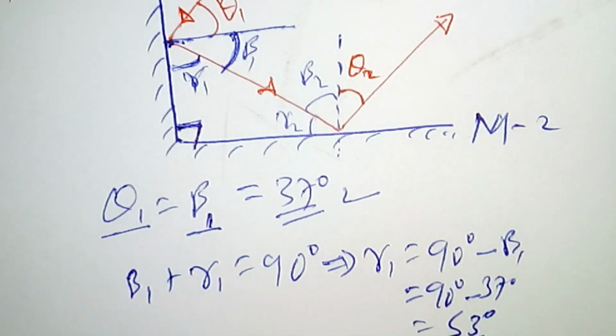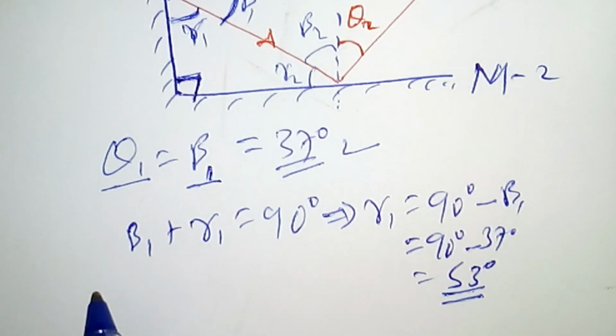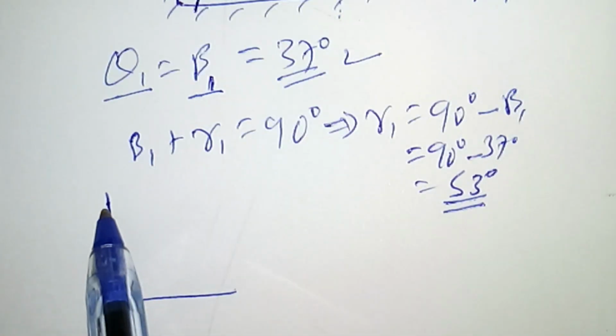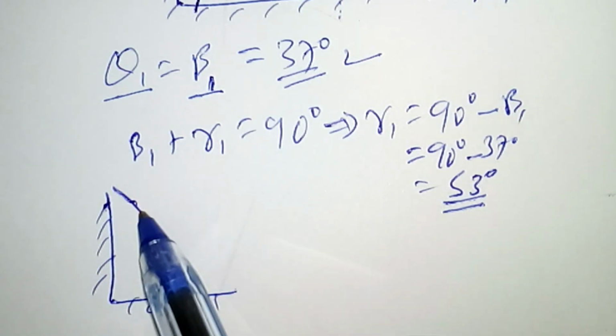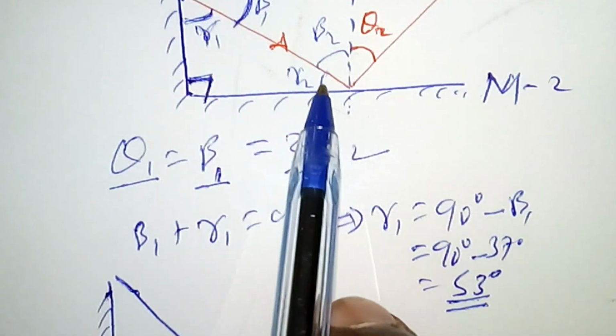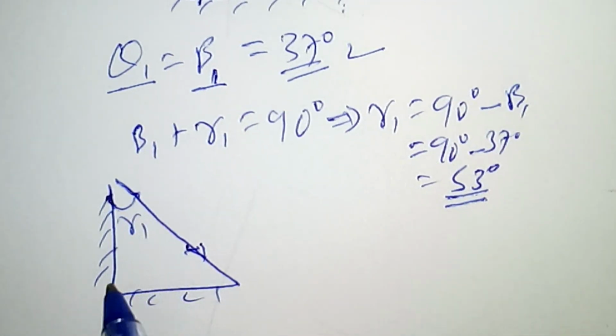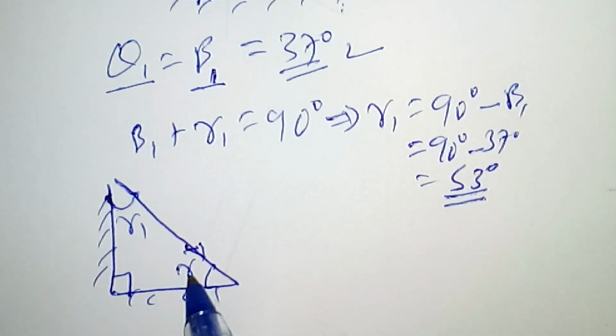Since the two mirrors are perpendicular to each other, let's say this is gamma 2 and this is 90 degrees. If these are the mirrors and this is the ray of light reflected off mirror 1, this angle is gamma 1, this is 90 degrees, and this is gamma 2.